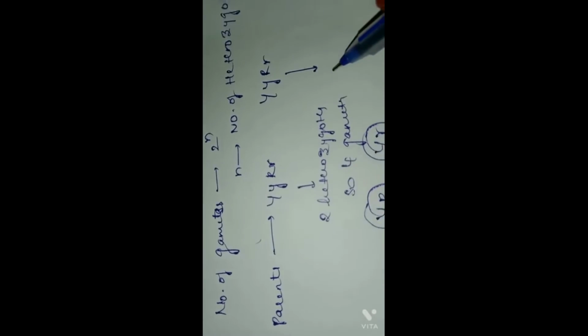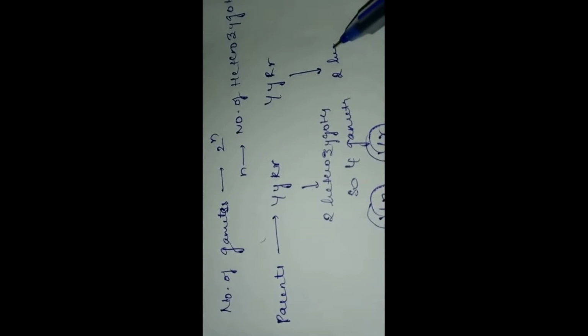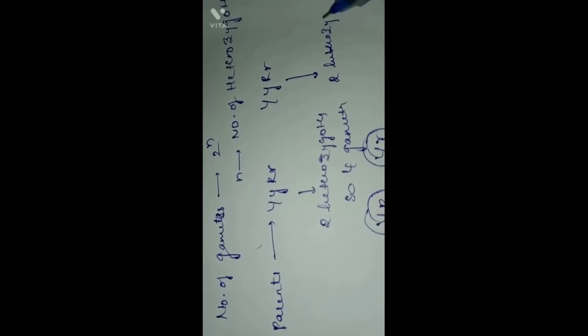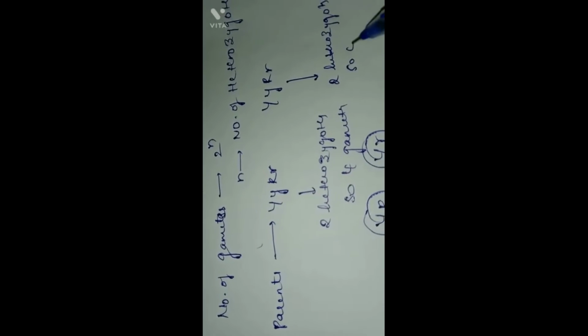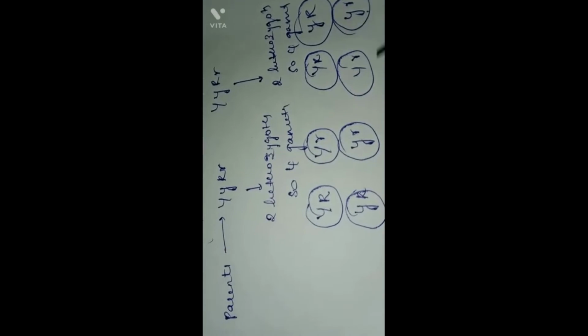In the first parent, we get capital Y capital R, capital Y small r, small y capital R, and small y small r. These are the four gametes we get from the first parent. The second parent also has two heterozygotes, so it also gives four gametes, which are the same as the first parent: capital Y capital R, small y capital R, small y small r, and capital Y small r.